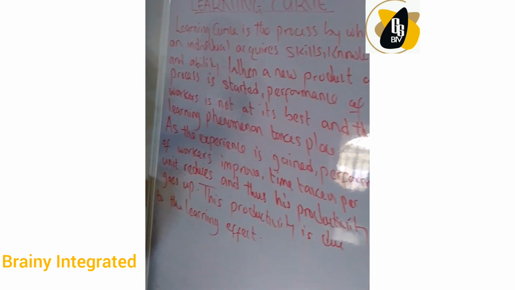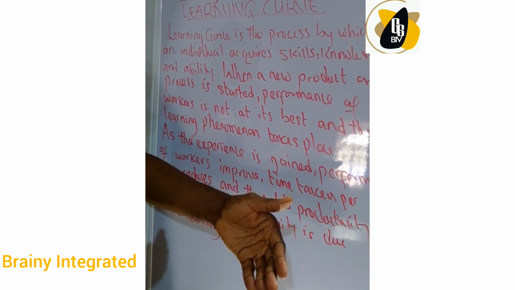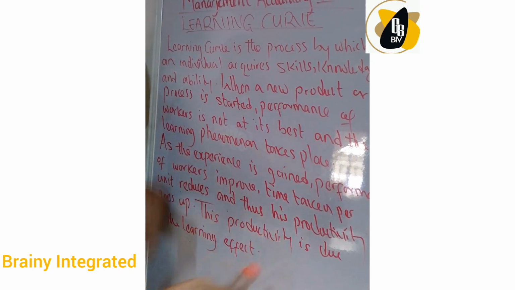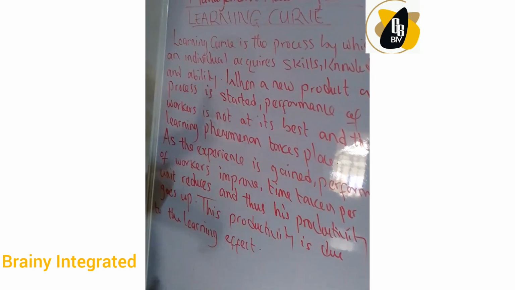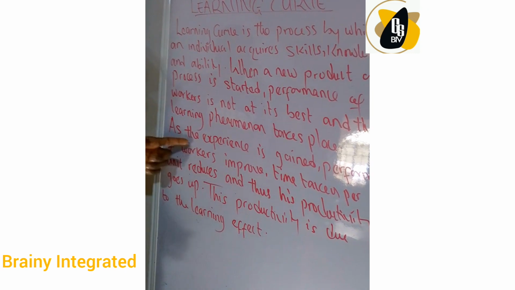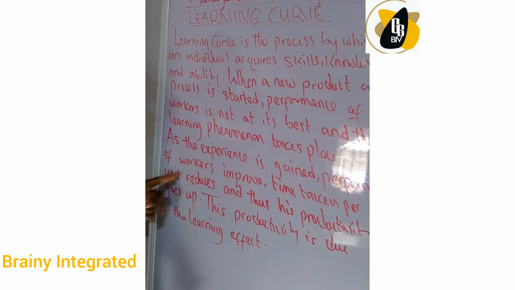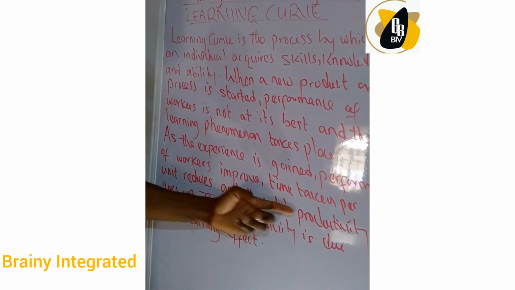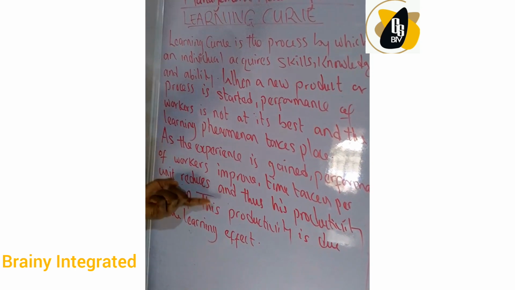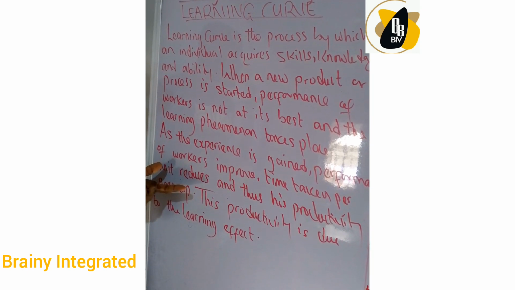So what now happens? It means that learning has to take place. As learning keeps taking place and experience is gained, performance of workers improves, time taken per unit reduces, and thus productivity goes up.